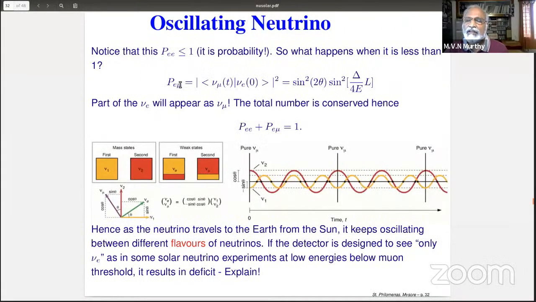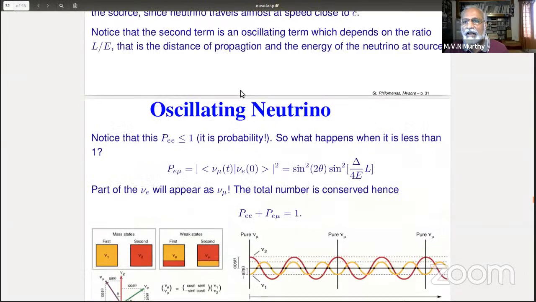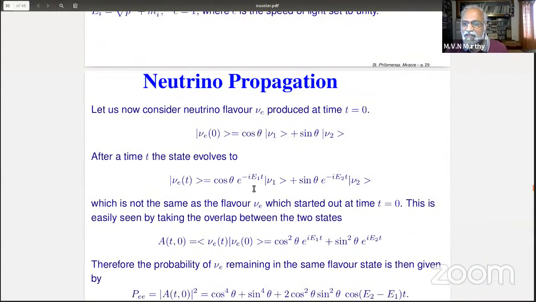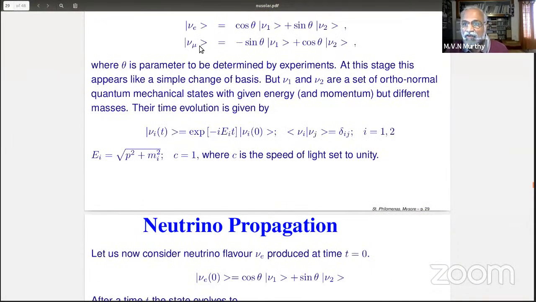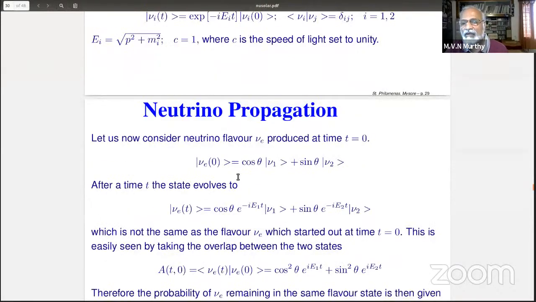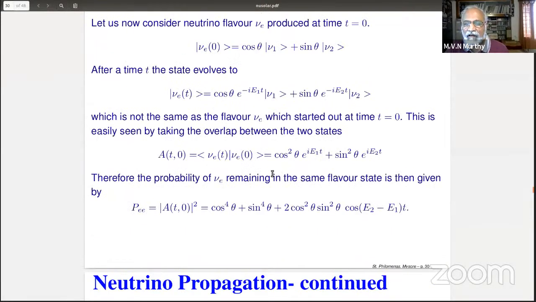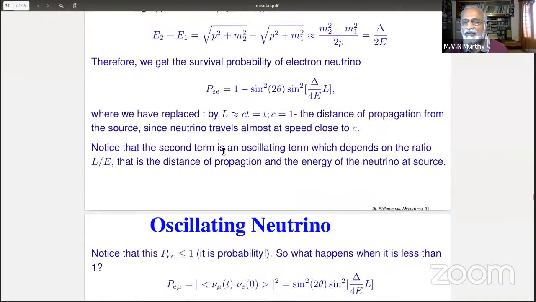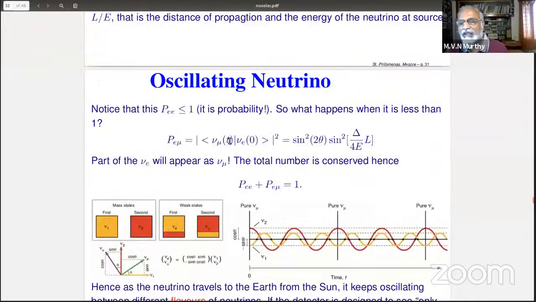If you look at the overlap between the two states, not just nu E upon nu E, but the overlap between the evolved state nu mu and nu E, then you will get the following relation for that probability when you do the amplitude squared, that is, nu mu at time t and nu E at time t equal to 0.